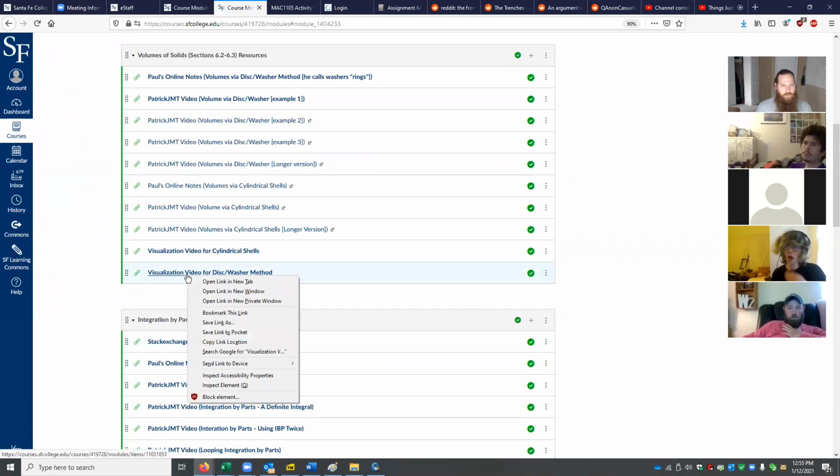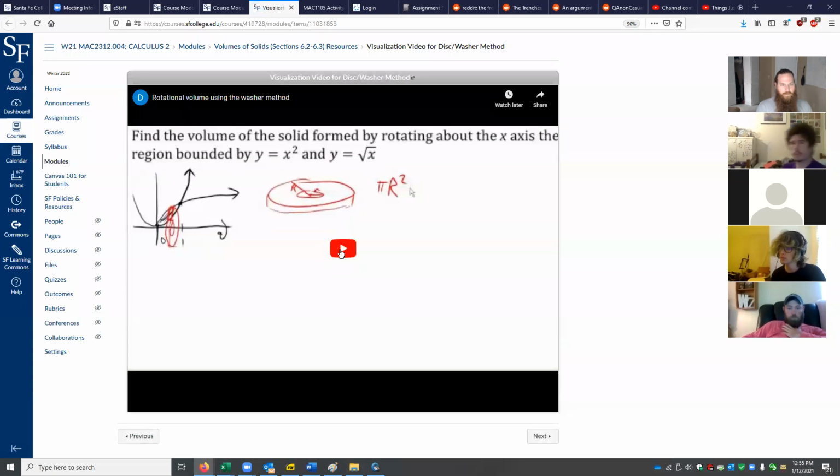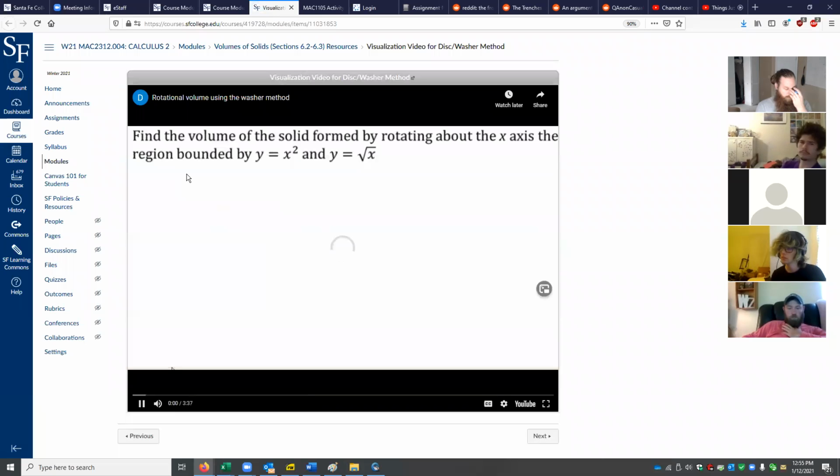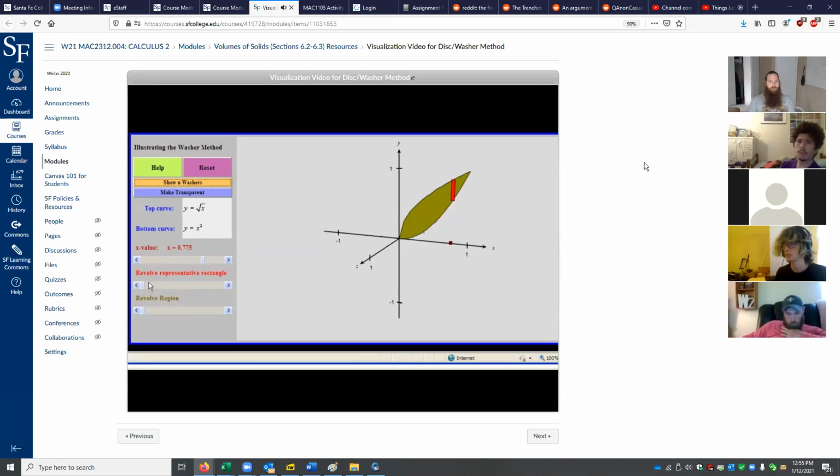Yeah, here, let's look at the disk washer one. Okay, so again, you have a region, and you want to rotate it about something. Here is a representative little slice. Let's play this for a second, rotating that piece around the x-axis. And you notice that it's going to give us this donut shape, or washer shape, is what we call it. It's a large circle with a hole in the middle, right?